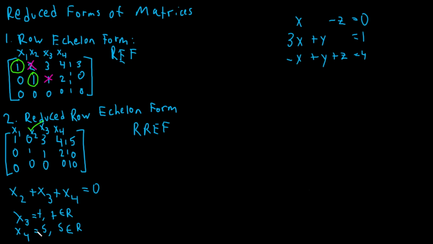So if x3 is t and x4 is s, where both of these are real numbers, we can take those and substitute them into this equation and solve for x2. So let's do that. Let us go ahead and take x3 and x4 and substitute in t and s in these equations.